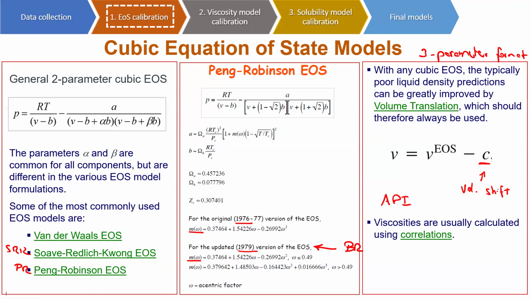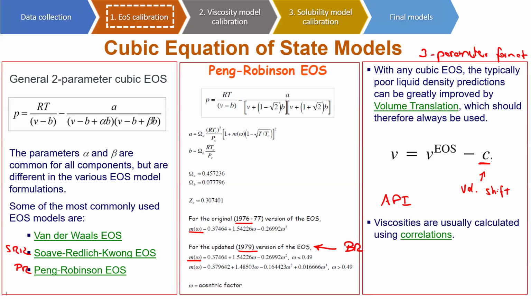So A, B are a construction, a derivation, combining critical parameters: critical pressure, temperature, volume, and eccentric factor of the components.